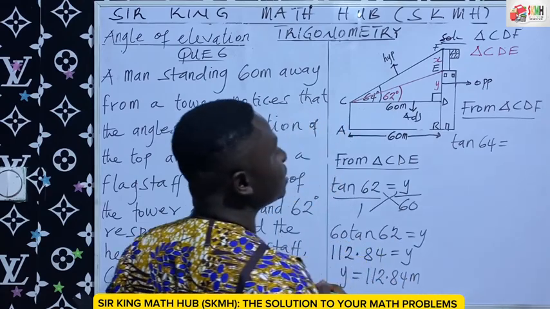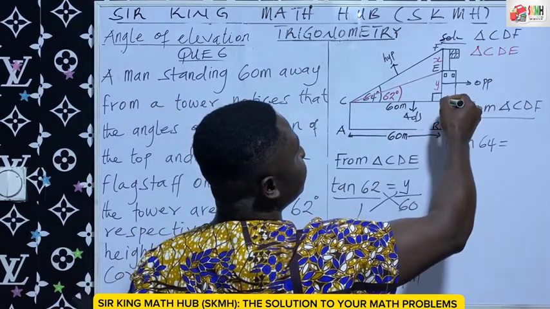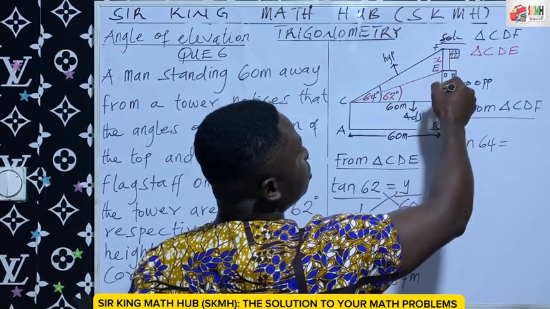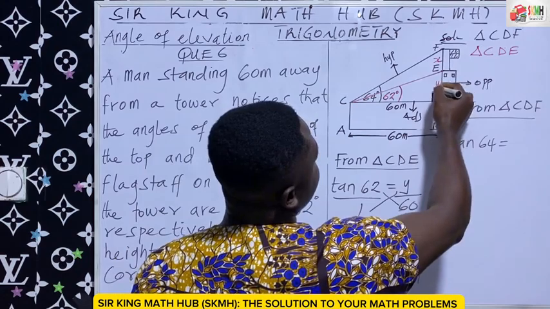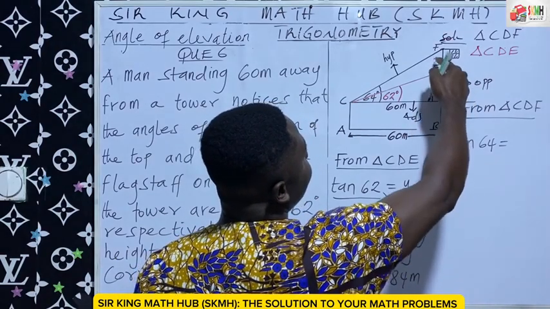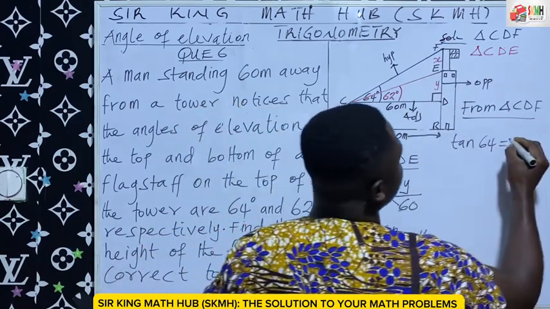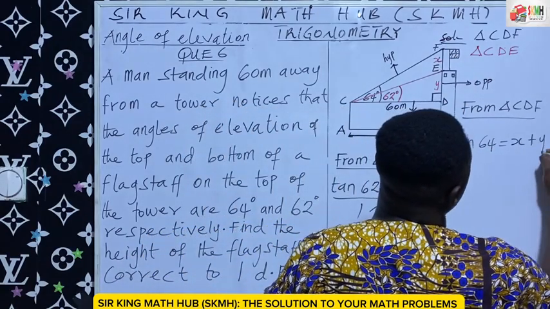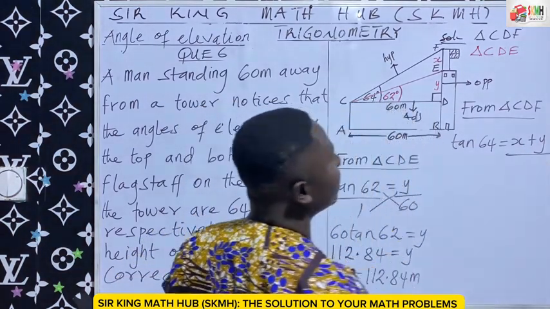Is equal to the length of the opposite. This time, what is the length of the opposite? We are looking at line DF. So line DF has been divided into two. One part measures y, and then the other part measures x. So the total distance there is x plus y. So that is the length of the opposite divided by the length of the adjacent.